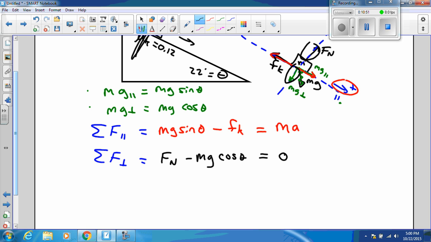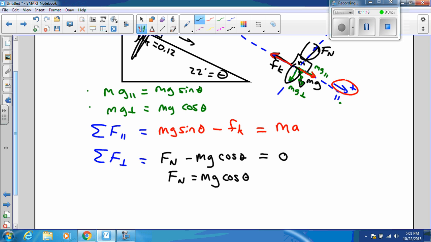Now, let's see what we can find out. First of all, looking at this equation and solving for Fn, we find out from this equation that Fn is equal to mg times the cosine theta right here. It bothers us a little bit, just a slight bit, that they don't give us too many numbers. But we have become experienced enough to be able to handle that.